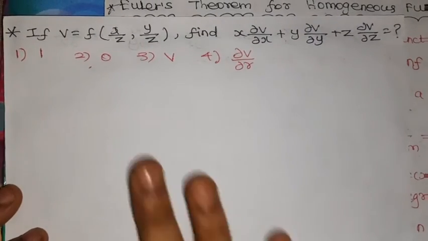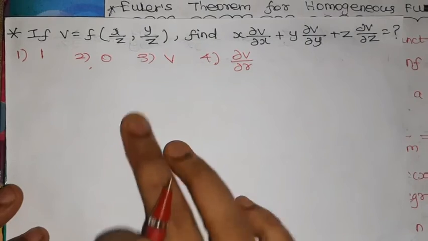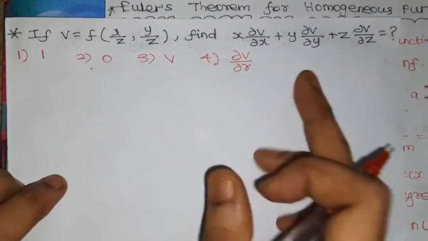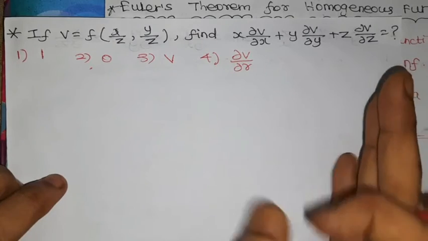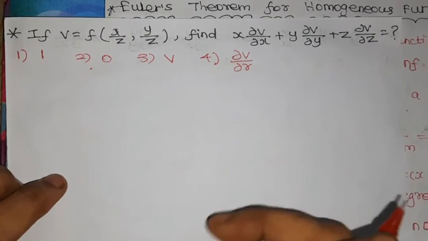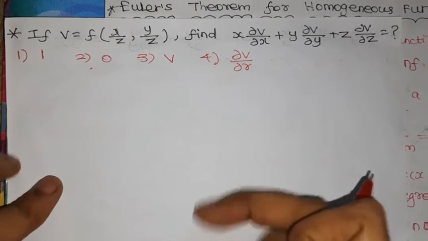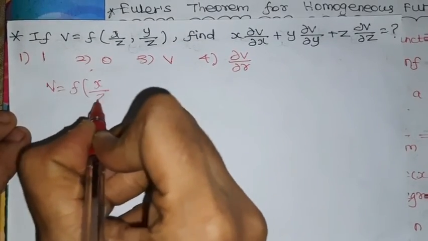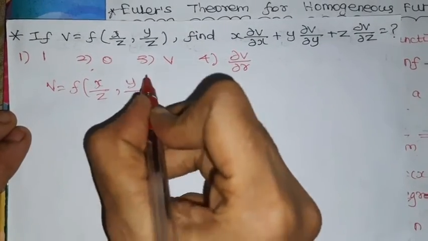See what is given. v equal to a function of x by z and y by z. We need to find out x ∂v/∂x plus y ∂v/∂y plus z ∂v/∂z. So v is a function of x, y, z.